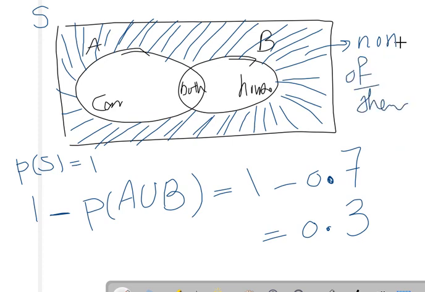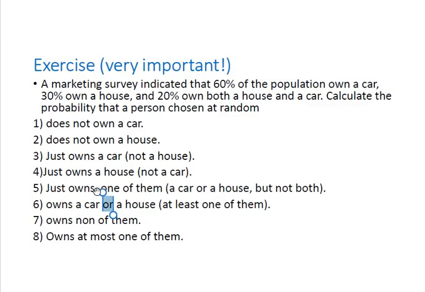And before in part 5, we showed the area of one of them. So at most one of them means one of them or none of them.